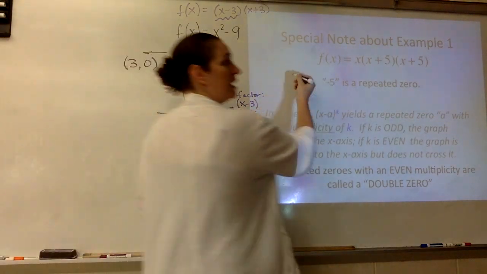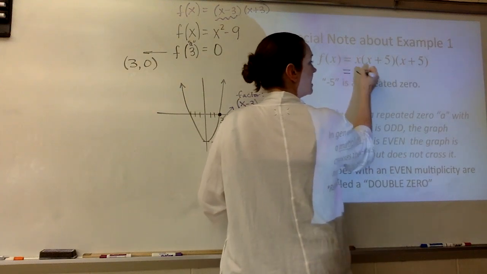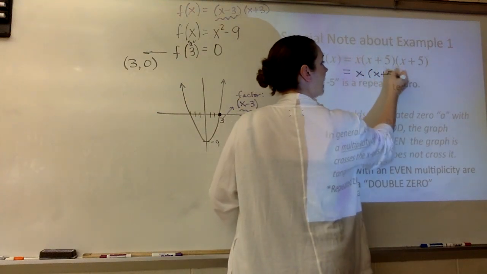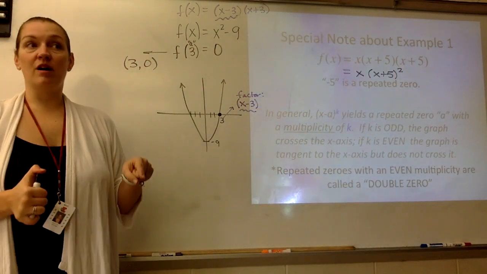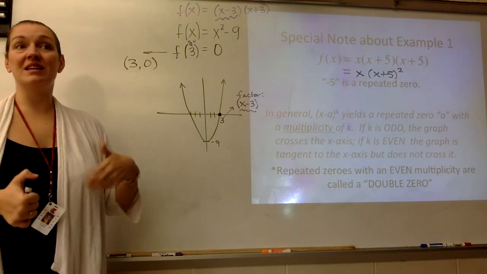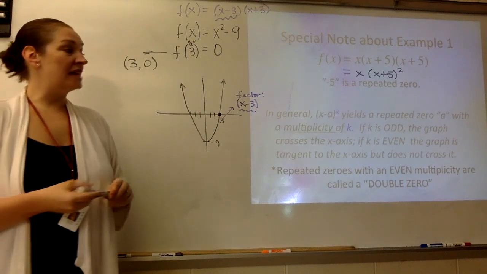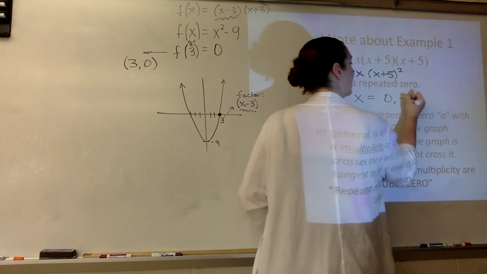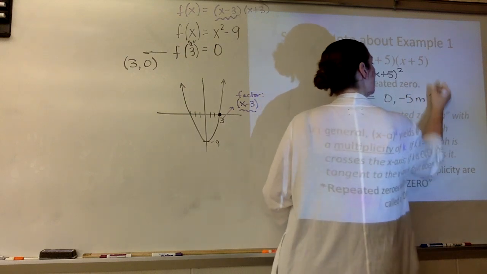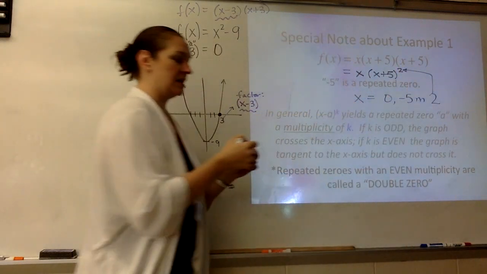So if I look up here, notice I could write this as x times the quantity x plus 5, squared. That square is the k value, which indicates the multiplicity. So that's where in the last example, when we said that x is equal to 0 and negative 5 with multiplicity of 2, that 2 ties back into the k value.